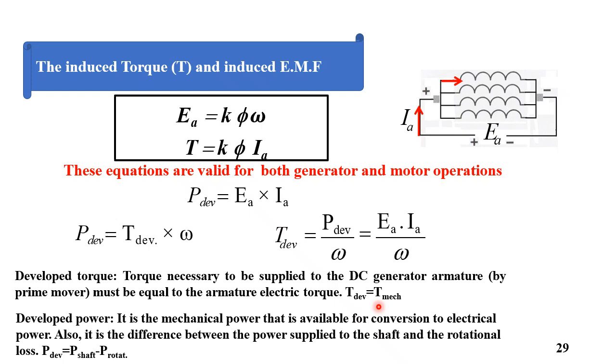Torque mechanical is the torque driving the generator by the prime mover, and torque developed is the torque induced inside the machine. These two torques must be equal to each other. The power developed is the mechanical power that is available for conversion to electrical power. It is the difference between the power supplied to the shaft and the rotational losses. The power developed equals the shaft power minus the rotational losses.